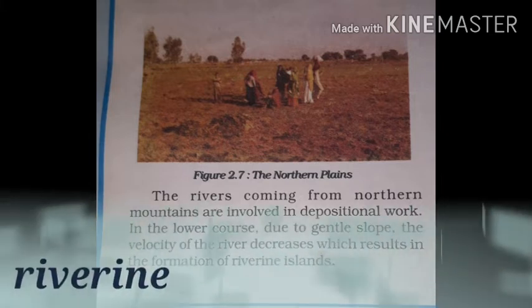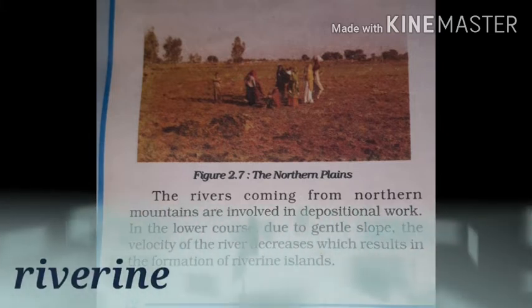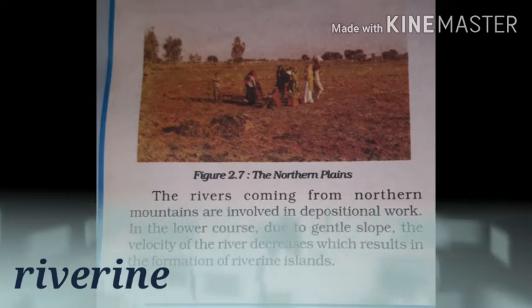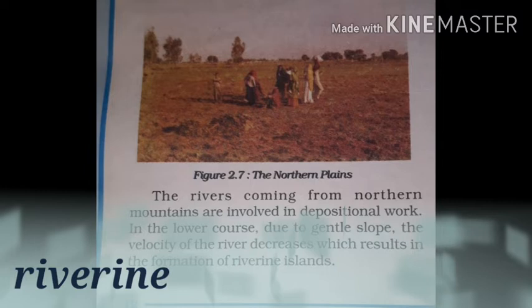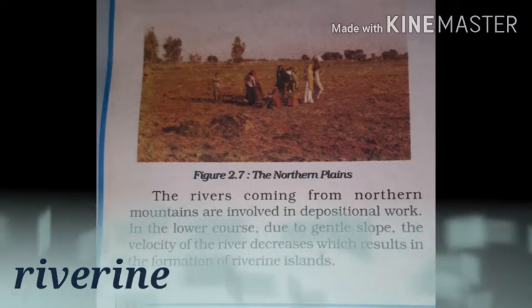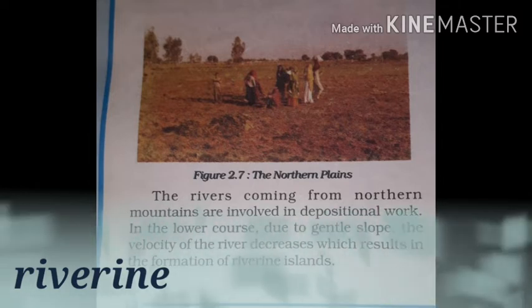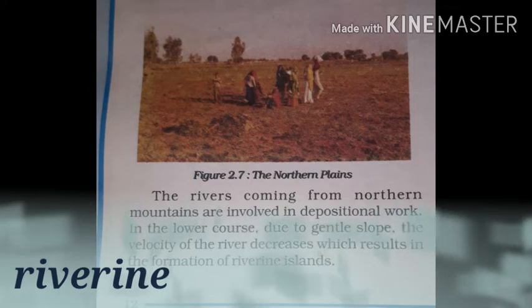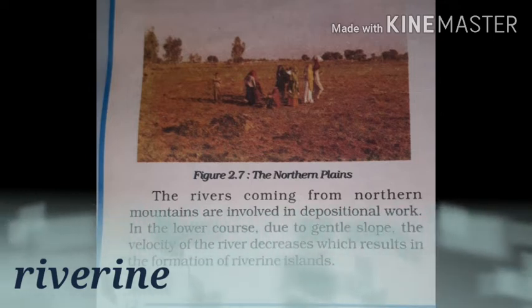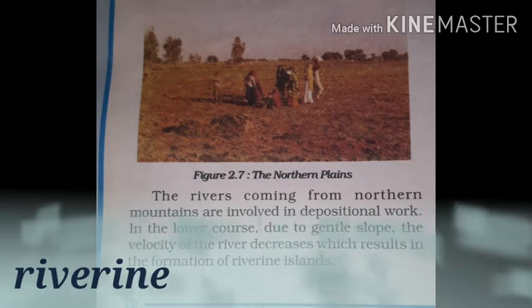The rivers coming from the northern mountains are involved in depositional work. In the lower course, due to the gentle slope, the velocity of the river decreases, which results in the formation of riverine land. The water comes from the Himalayas with high speed near the Himalaya range, and its speed goes down when it enters the plain land.